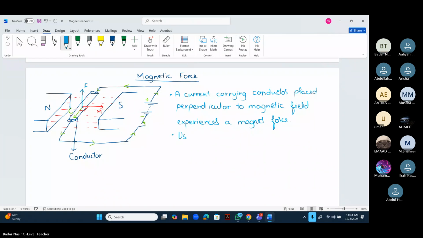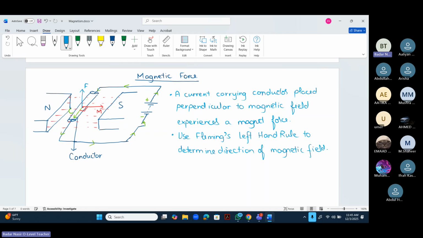Use Fleming's left hand rule to determine the direction of magnetic force.